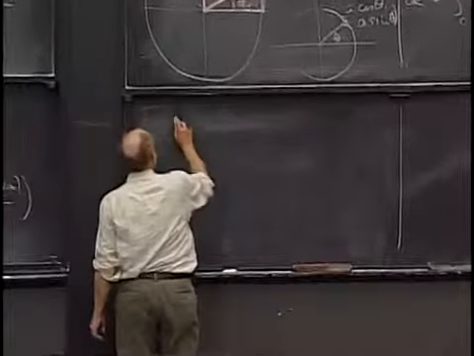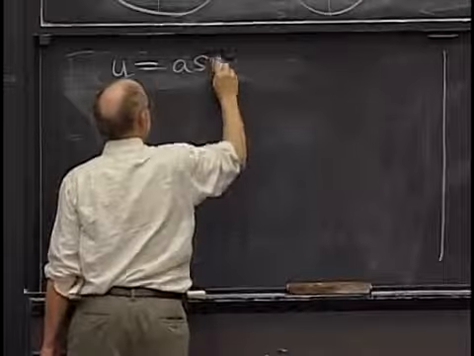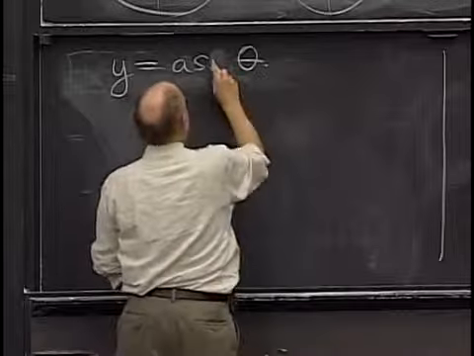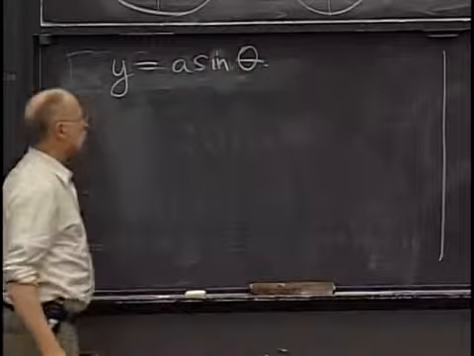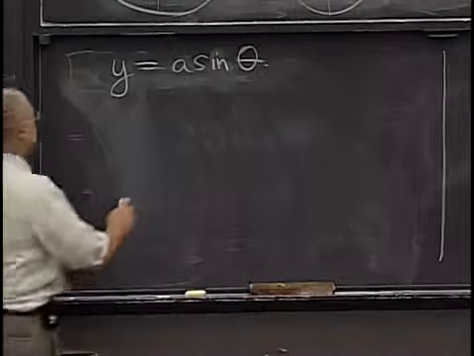So let's make that substitution. y equals a sine theta. I'm using the picture to suggest that maybe making this substitution is a good thing to do. Let's follow along and see what happens.